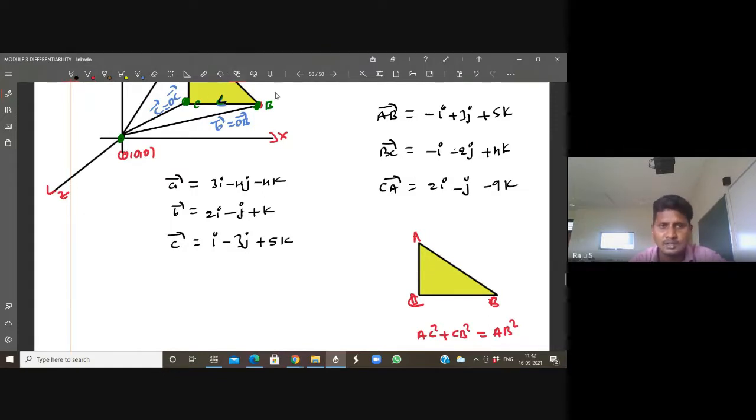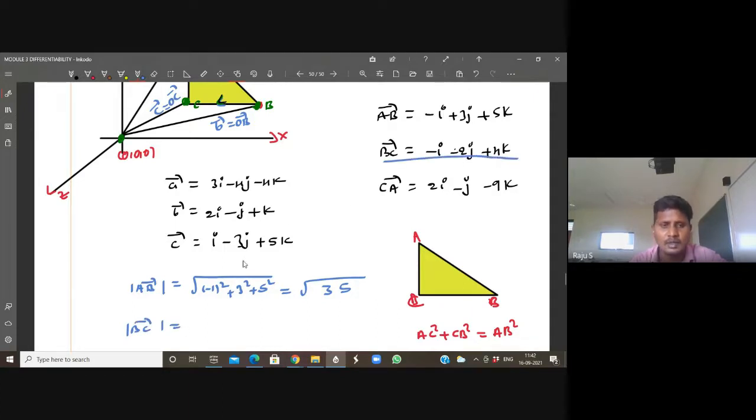We got the AB vector, BC vector, CA vector. With the help of that, now I am going to find the magnitude of the AB vector, that is square root of minus 1 square plus 3 square plus 5 square, which is 1 plus 9 plus 25, that is 35. Then the BC vector.